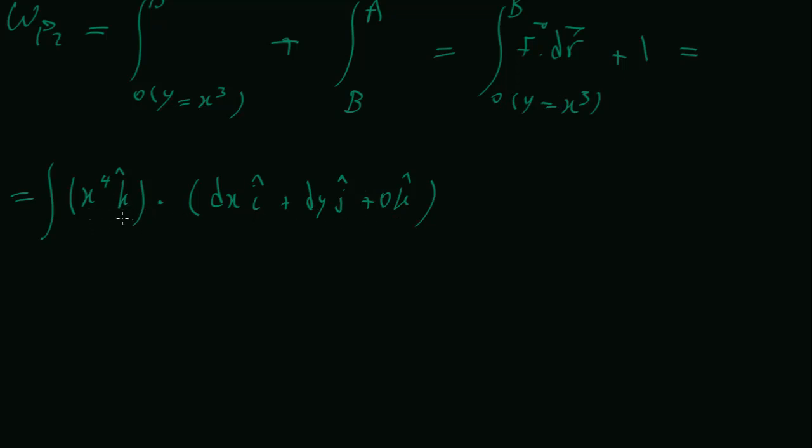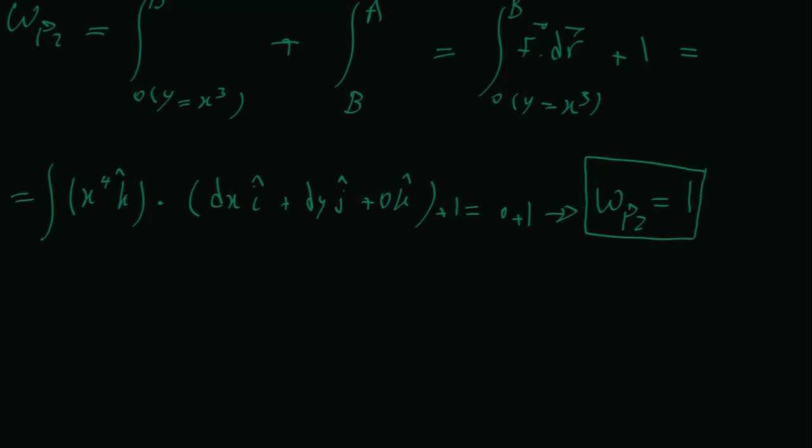But the important thing is that we only have the k term in the force, so this is going to be x to the 4th times 0, which is 0. So this integral is going to be 0. Therefore, the work on path 2 is 0 plus 1, since we had a 1 for the work on the B to A path. So W on path 2 is equal to 1.